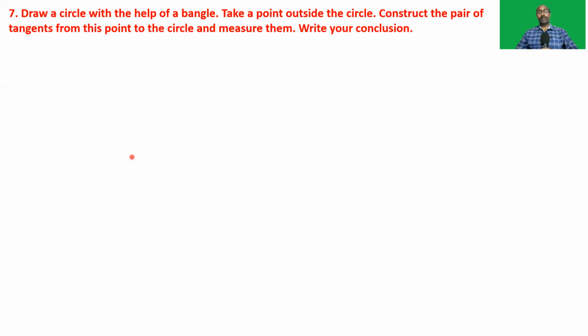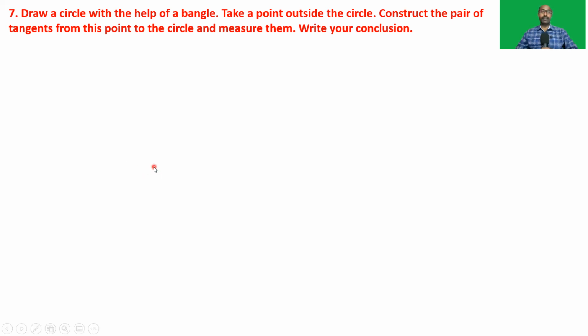So how to locate the center of a circle? Do you know? The center of the circle is the intersection point of perpendicular bisectors of its chords. So we have to take two chords to the circle, and by drawing perpendicular bisectors to those chords, we get the center. And after getting the center, the remaining process is the same.